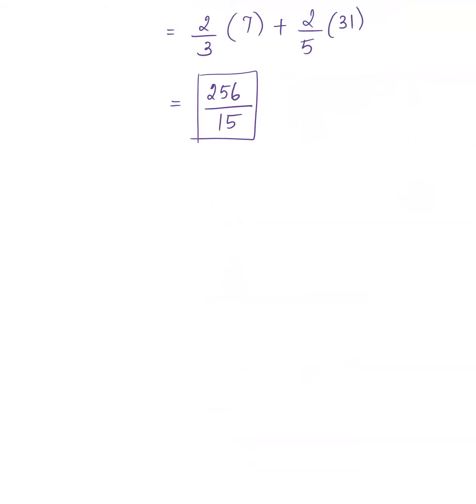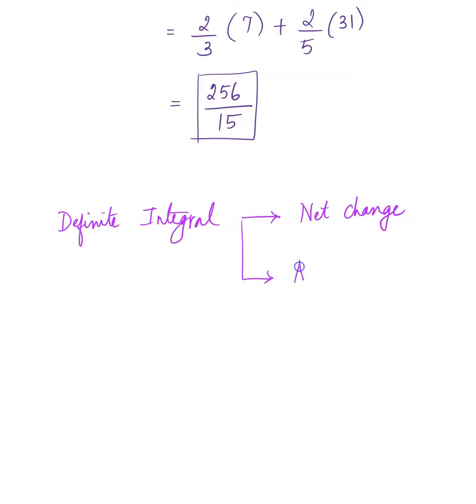Let's quickly recall what we did with the net change theorem, right? So we can use the definite integral to find directly the net change. But then we can also use the definite integral and use the absolute value to find the total change.